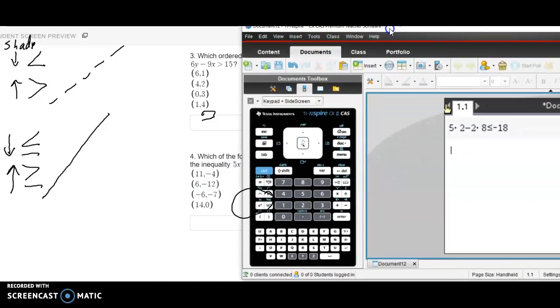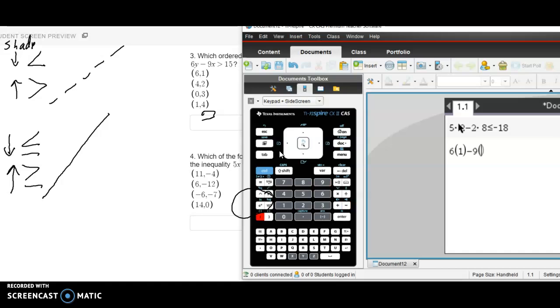So I come over here. I'm going to type this new one in. So I got 6. They also switched up the X and the Y. You got to be careful. They try to trick us with this. So this Y, I'm actually going to type in 1 first. Then I put my minus 9, parentheses.